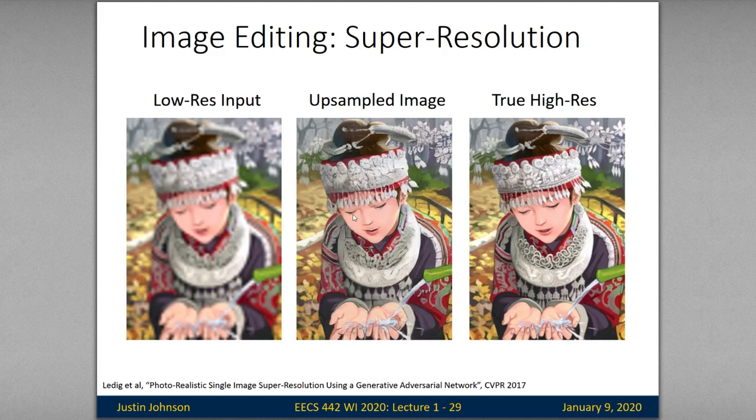So here on the right hand side, you see how the image in reality looks at higher resolution, and then here in the middle you can see a version of the image which has been generated by computer vision only from this low resolution input image from the left.